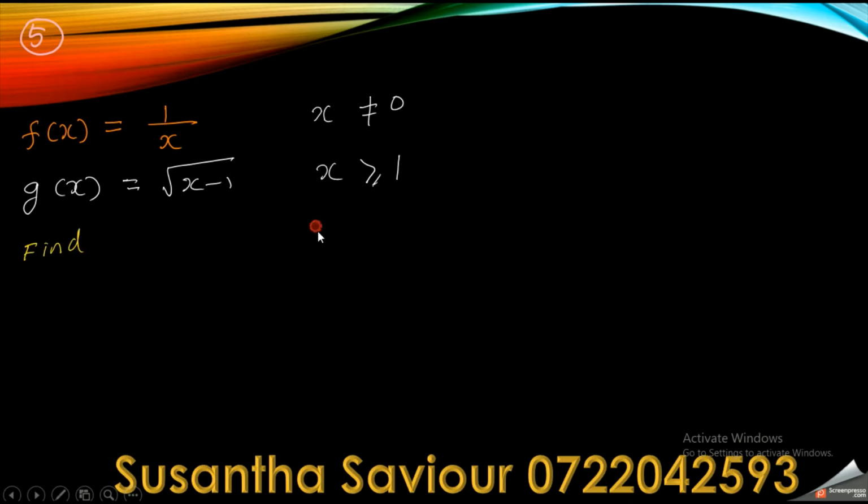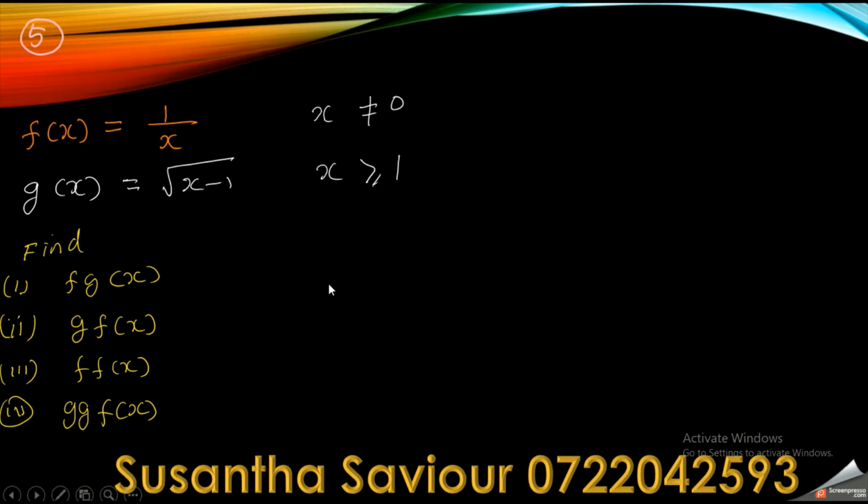What are the questions we will see? Find f(g(x)), g(f(x)), f(f(x)), g(g(x)). Okay, here also I think now you will be able to do it all by yourself. First you pause the video and you do it, and then look for the answers.